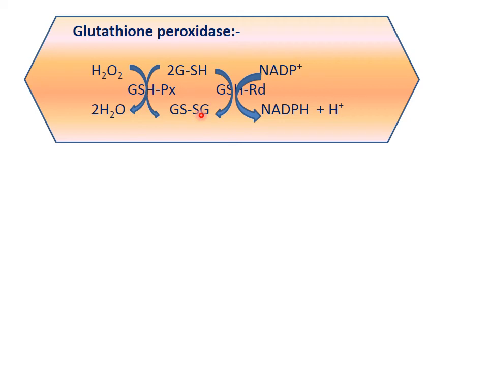This oxidized glutathione is again converted into reduced glutathione in the presence of glutathione reductase. This glutathione reductase plays an important role. It converts NADP into NADPH. This hydrogen is then given to the oxidized glutathione, which gets converted into reduced glutathione.